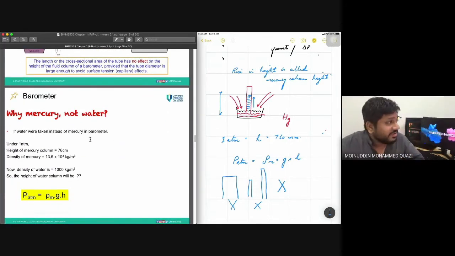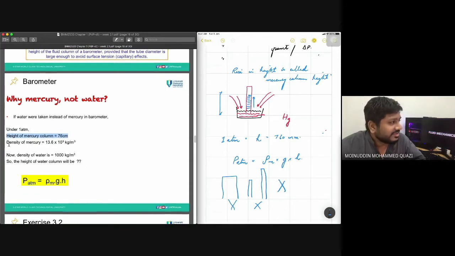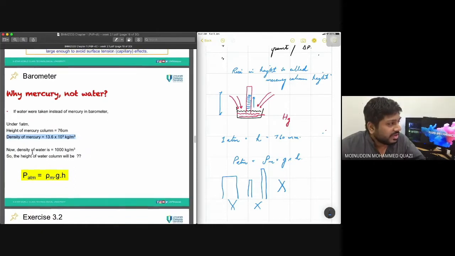So why do we use mercury and why don't we use water? Because if water is taken instead of mercury, then you see what happens. Under 1 atmosphere, the height of the mercury column is 76 centimeter, or 760 millimeter. Density of mercury is 13.6 into 10 to the power 3 kilogram per meter cube. The density of water is only 1000. It is 13.6 times lesser. So the height of the water column will be 13.6 times higher.